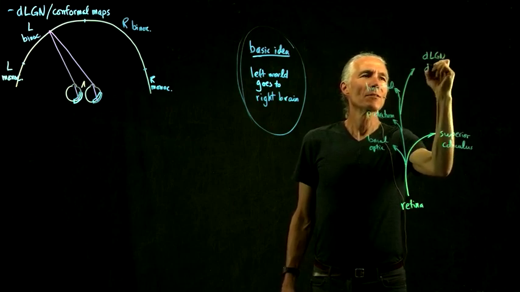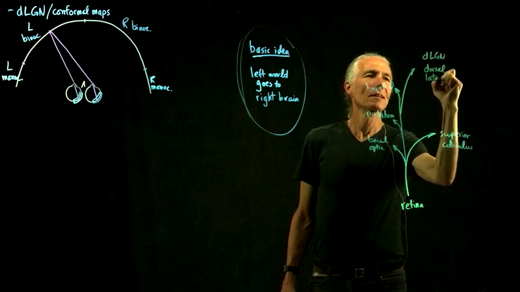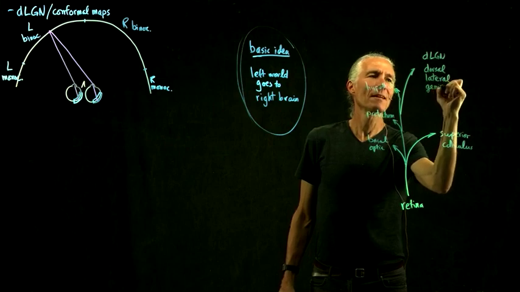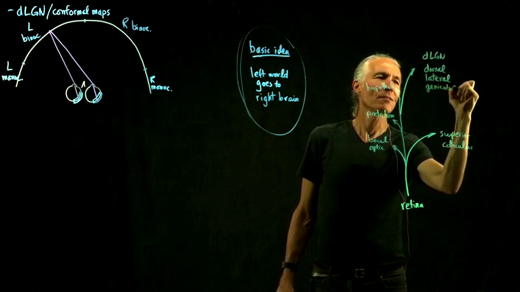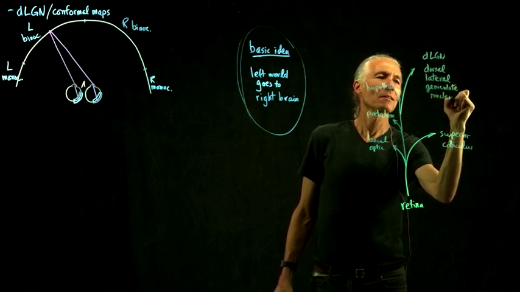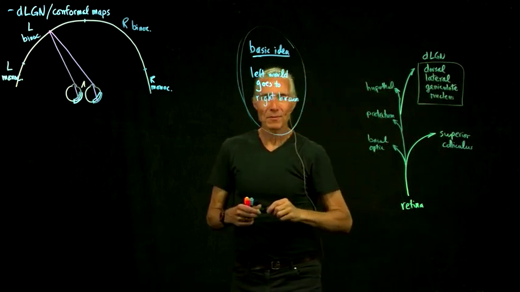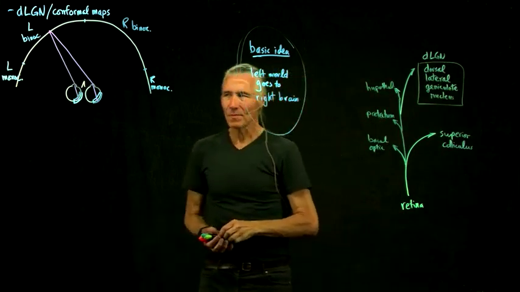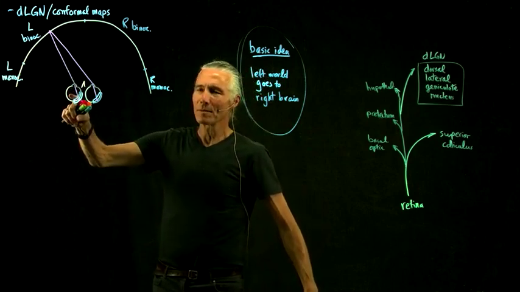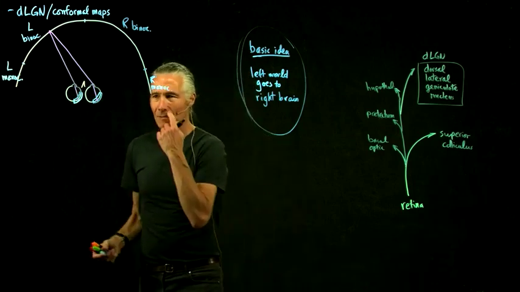That's the dorsal lateral, because there's a ventral geniculate. Geniculate means knee, like genuflect. So that's the one we're talking about. That's the main relay nucleus. So now the plan is we go from these two retinas into the dorsolateral geniculate nucleus. And what does it look like?